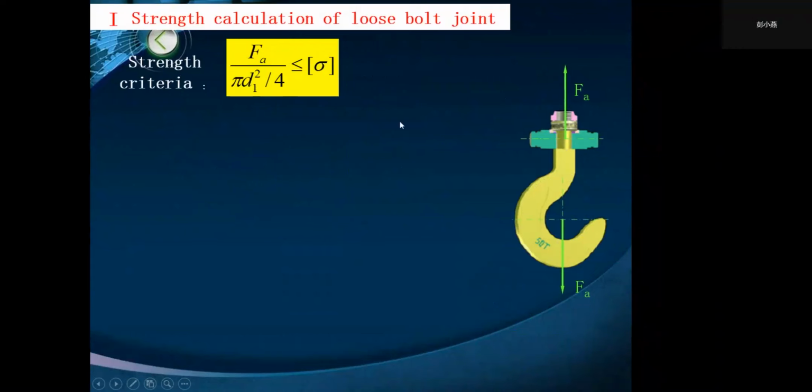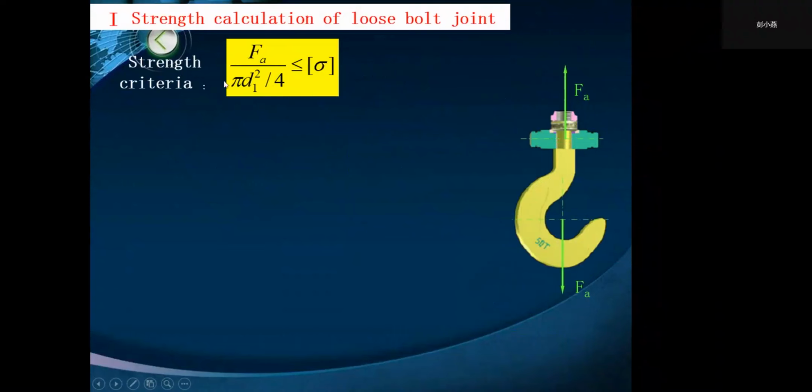The actual stress acting on the bolt is the force Fa divided by the area of the bolt. Fa is the force acting on the bolt, and pi times d1 squared divided by 4 is the area of the bolt. d1 is the minor diameter.